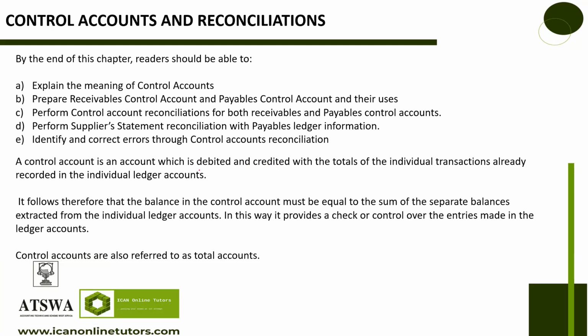A control account is an account that is debited and credited with totals. We credit it with the totals of the individual transactions already posted in the individual ledgers. It follows, therefore, that the balance in the control account must be equal to the sum of the separate balances extracted from the individual ledgers.